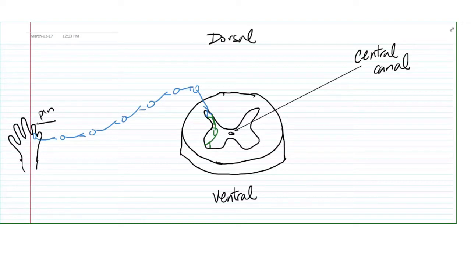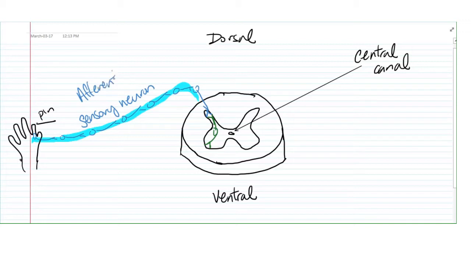So before we go on, I just want to remind you that this entire path, made up of sensory neurons, is what we call the afferent path.